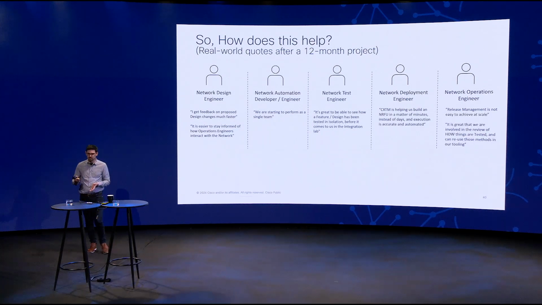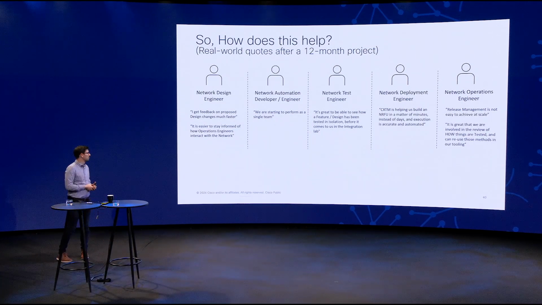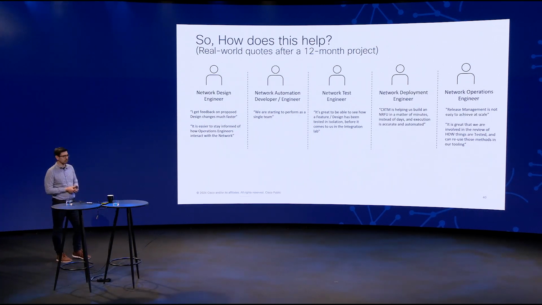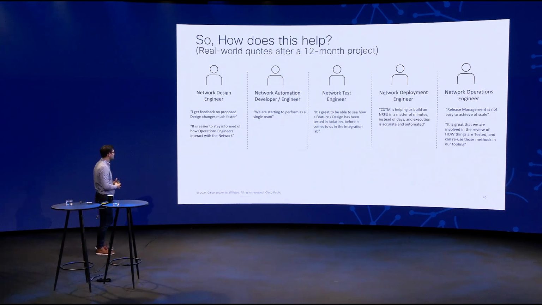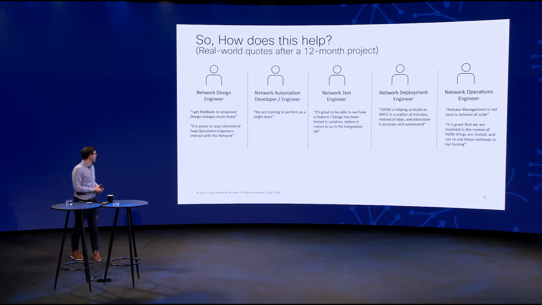So after 12 months, some quotes from a couple of the customers that we've been working with. There is a degree of pessimism on some of them, see if you can spot it. So the network engineering team are getting feedback on design changes much faster. So no longer are they making a design change and somebody says, yes, but that's going to break this.